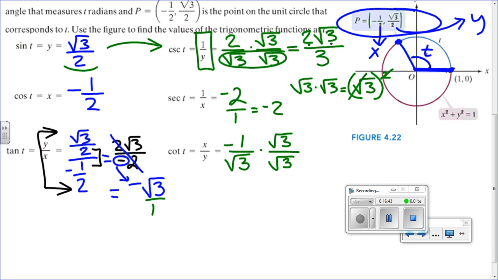And then what happens if you multiply the square root of 3 times the square root of 3? Just 3. We're going to do a lot of this. You guys are going to be pros at rationalizing. And then on the numerator, we need negative square root of 3. That's it.